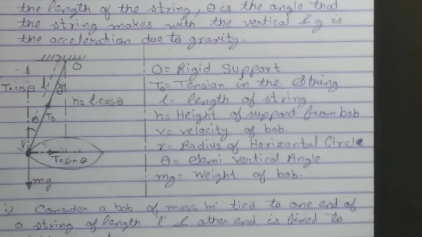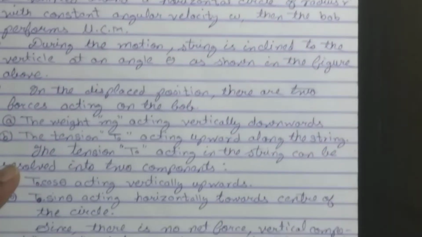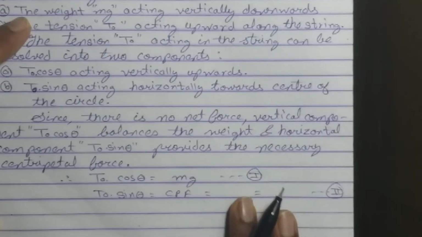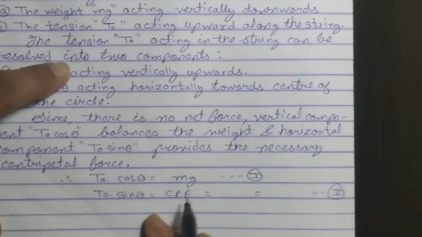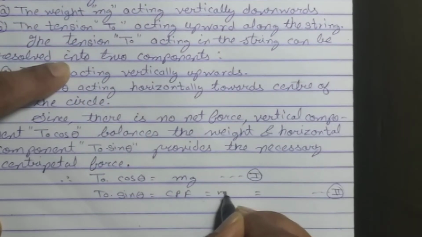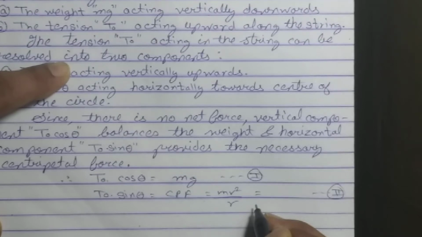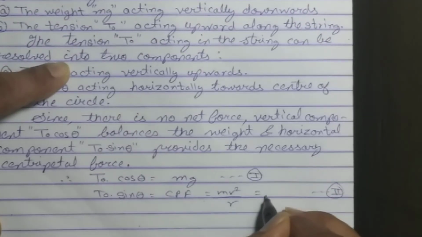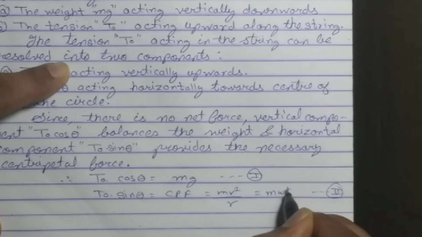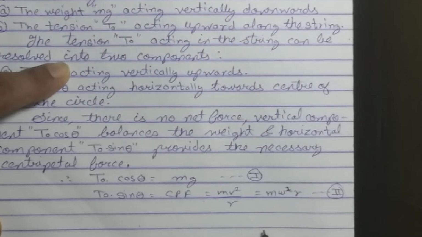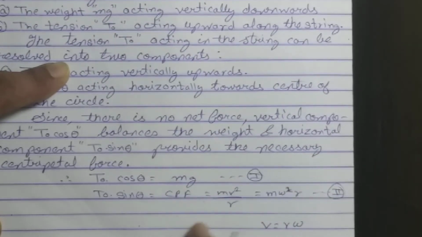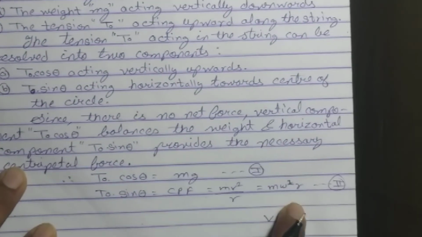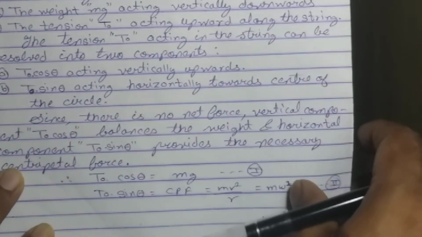So we can write T0 cos theta equals mg, and T0 sin theta equals the centripetal force, which is mv square upon r. We can also write m omega square r if I put v equals r omega. These are the two expressions for equations number 1 and 2.